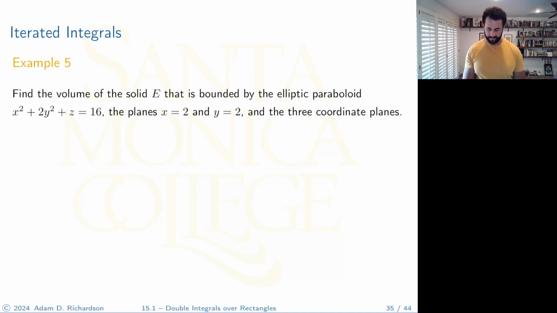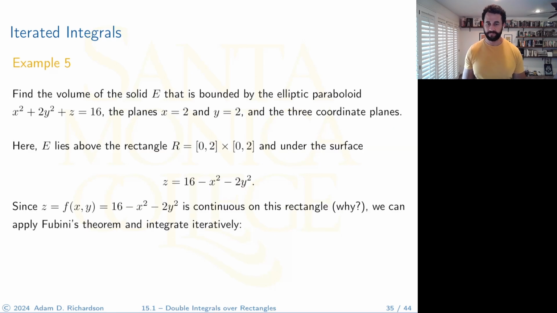These planes are going to give us some bounds, and the coordinate planes are going to give us some bounds, and we're definitely integrating over a rectangle. So let's see what we get. The rectangle that we're integrating over is [0, 2] cross [0, 2], and this is the surface.